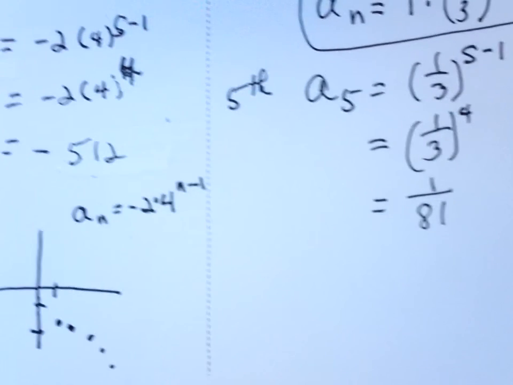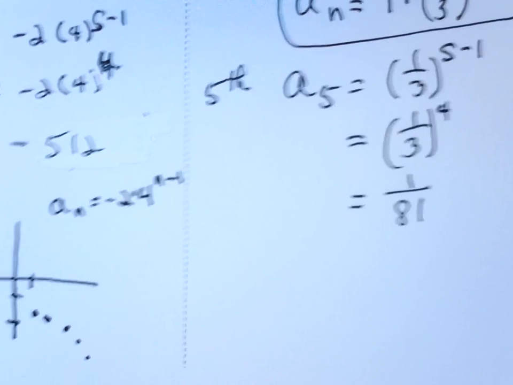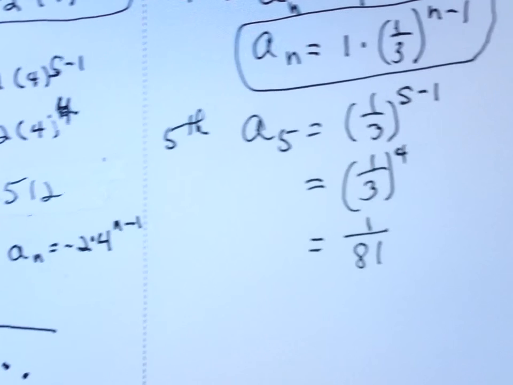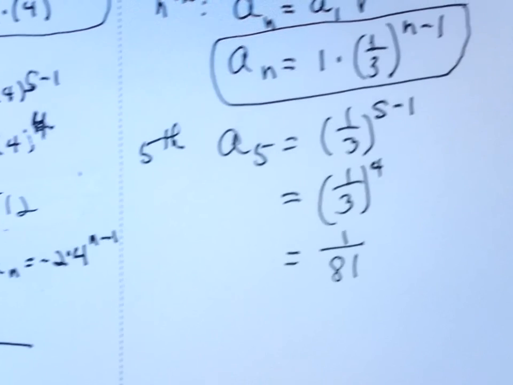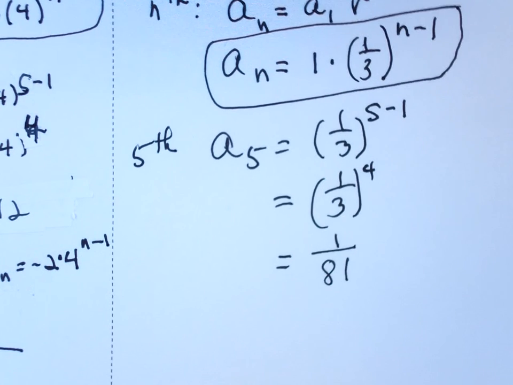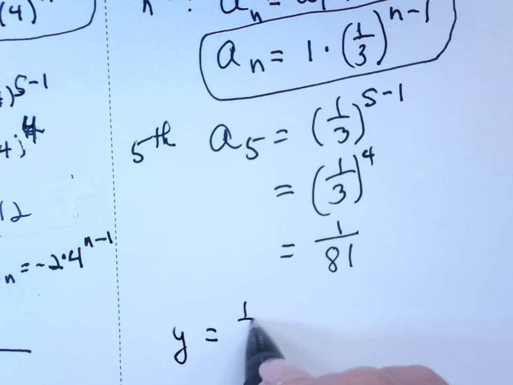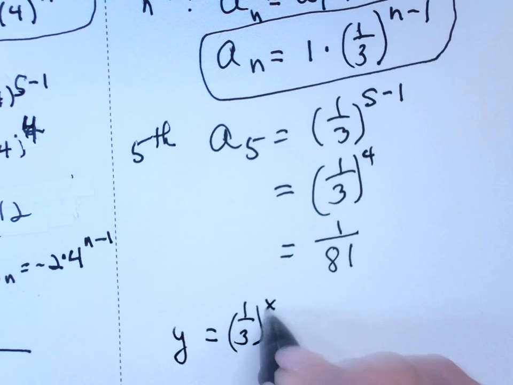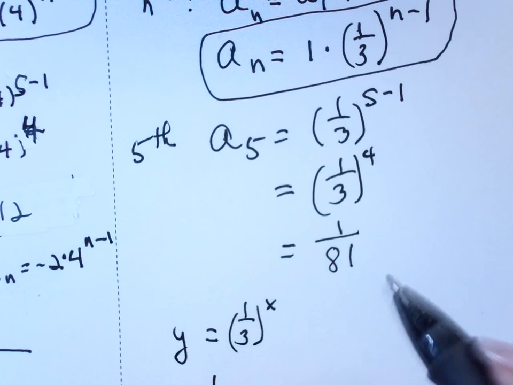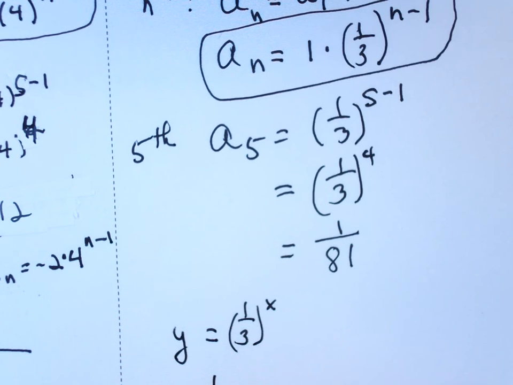Now, if I take a look at this guy, this is 1/3 to the n minus 1. So if I looked at just y equals 1/3 to the x power, what might it look like? Well, if x equals 0, y equals 1.